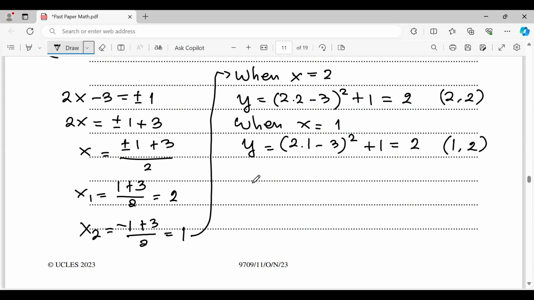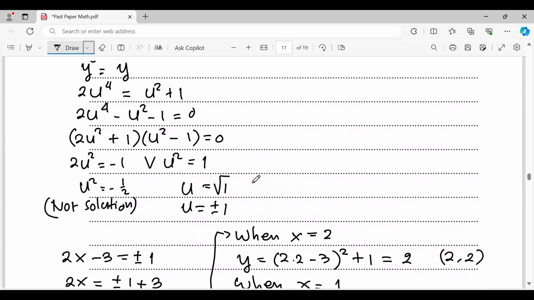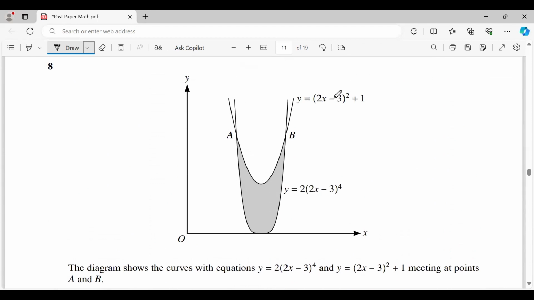Okay, so we are going to determine which one is A and which one is B. Okay, A means this is 1, 2, and this is 2, 2.